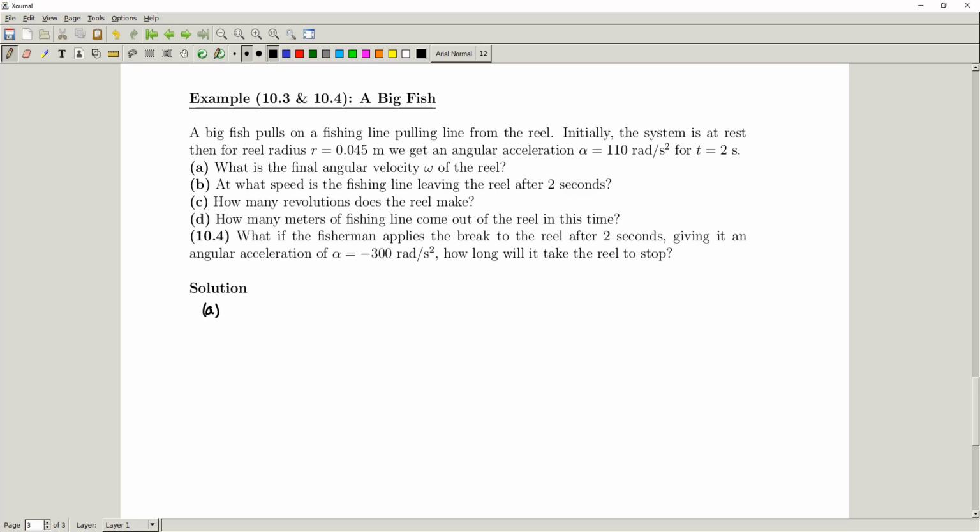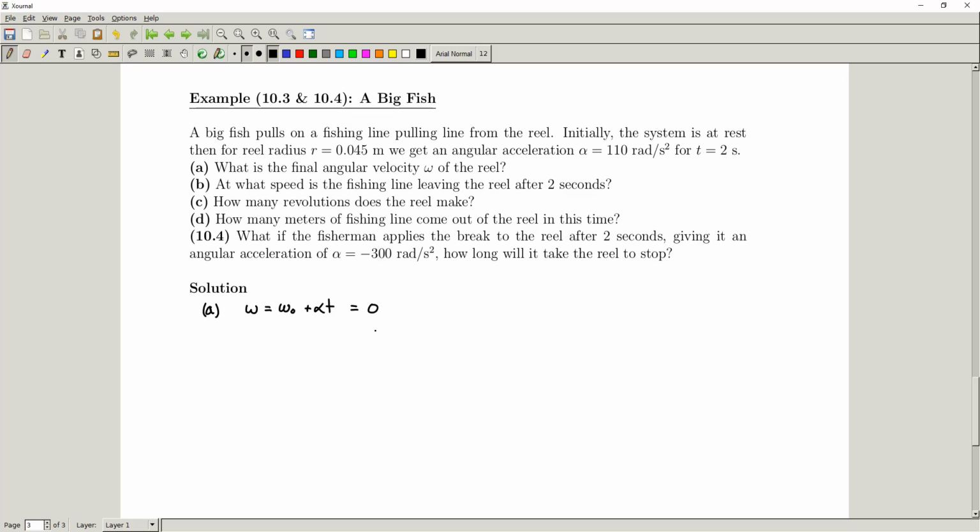Okay, and so we'll start out by pulling out one of the equations, one of the ones that we would use quite often, but we're going to write it down in terms of its rotational quantities here. And so let's remember that omega equals omega naught plus alpha t, right? And so we can right away substitute in values. So omega naught, well, we're told that this thing starts from rest, right?